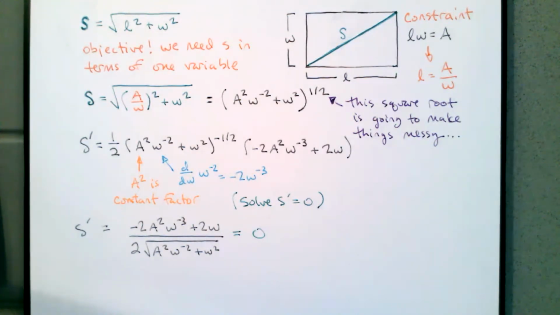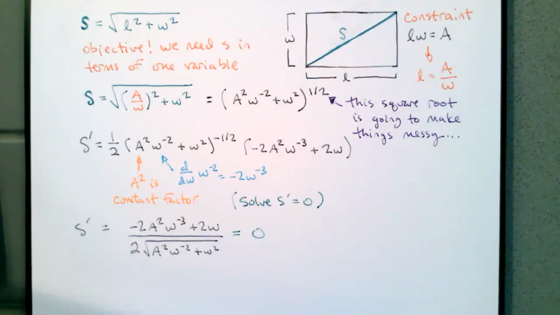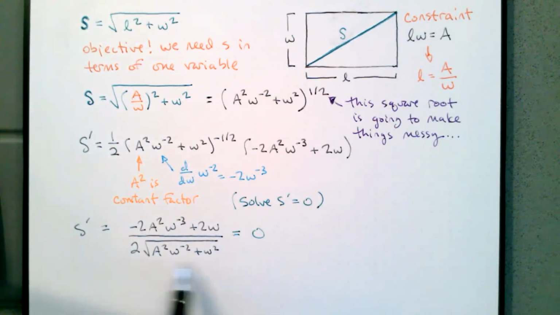So since we're looking for the minimum length of the diagonal, and we've already ruled out the case where the diagonal is equal to 0, we really just need to concern ourselves with the numerator. So if S prime is equal to 0, that must be because the numerator is equal to 0. We're not going to worry about multiplying both sides by this square root.